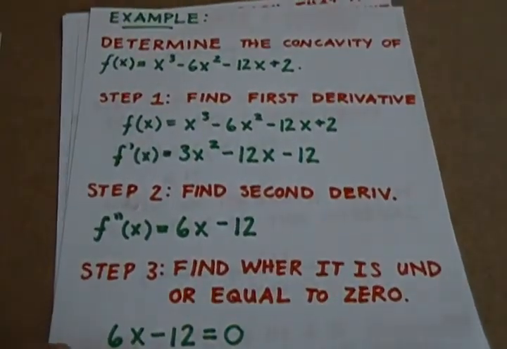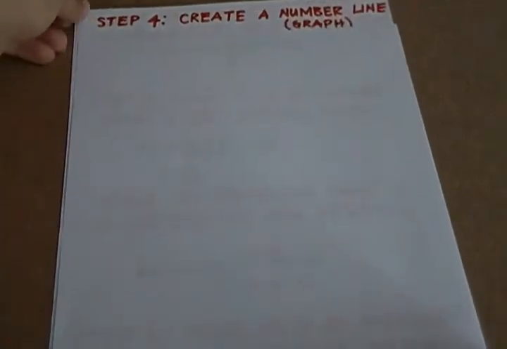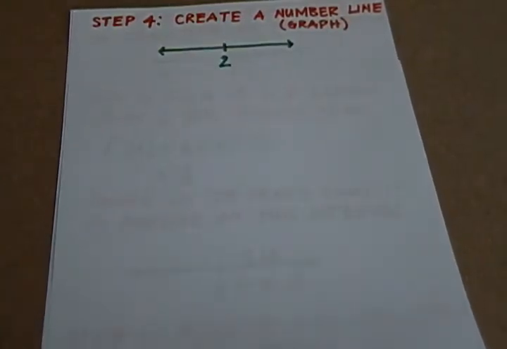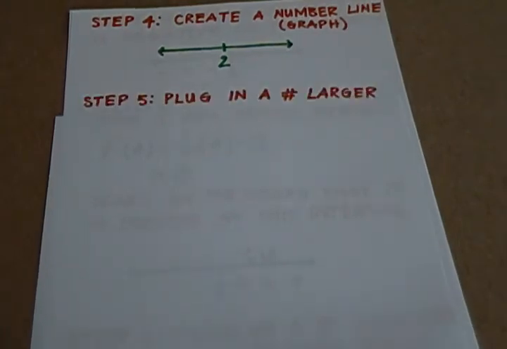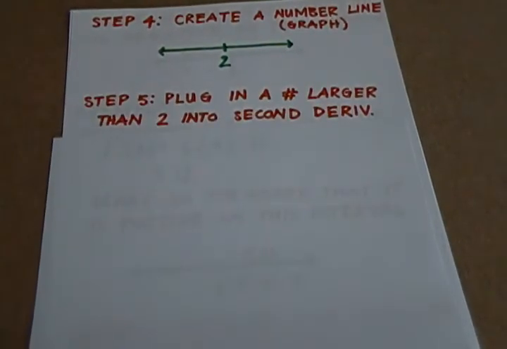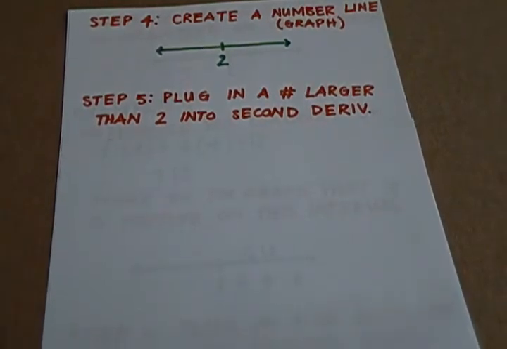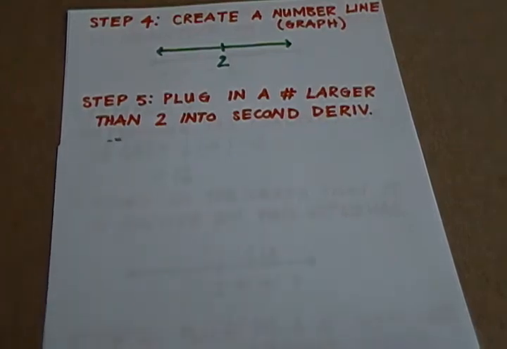So once you have found that, step 4, create a number line, or in other words, a line graph, like this one. Step 5, plug in a number larger than 2 into the second derivative. It's very important that you plug this number into the second derivative, otherwise finding concavity won't work.